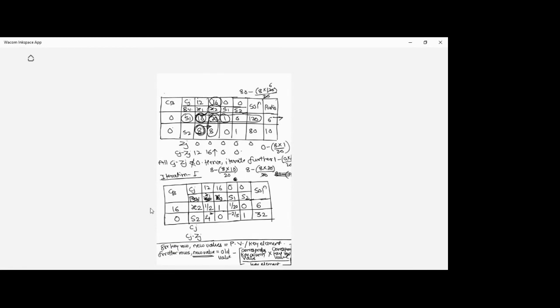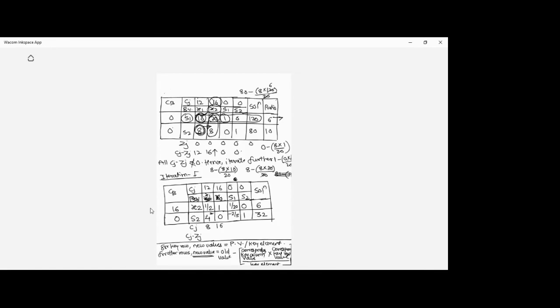So now we have to find out Zj. What is Zj? It will be 16 into 1 by 2 plus 0 into 4, so 16 into 1 by 2 will be equal to 8. Similarly, for the next value, 16 into 1 plus 0 into 4, so 16 into 1 will be equal to 16.